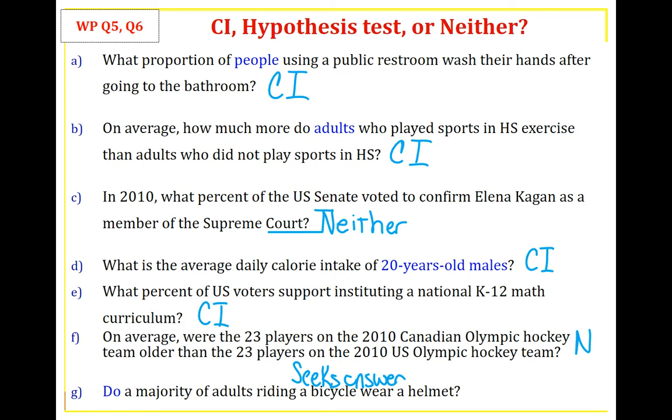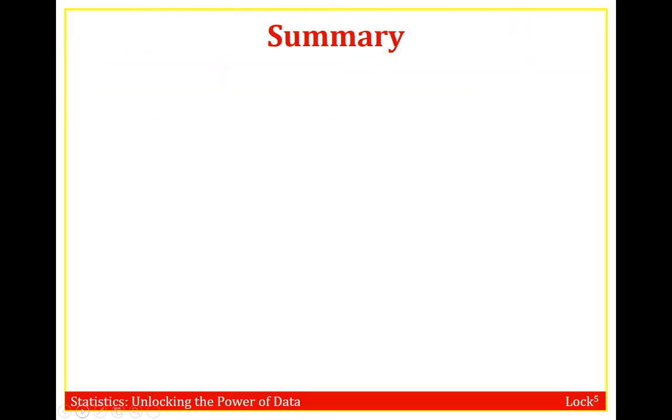This is actually a hypothesis test. This is the only hypothesis test that we have on this page. Everything else simply wants a summarization. Remember, look for seeking evidence in order to find a hypothesis test.